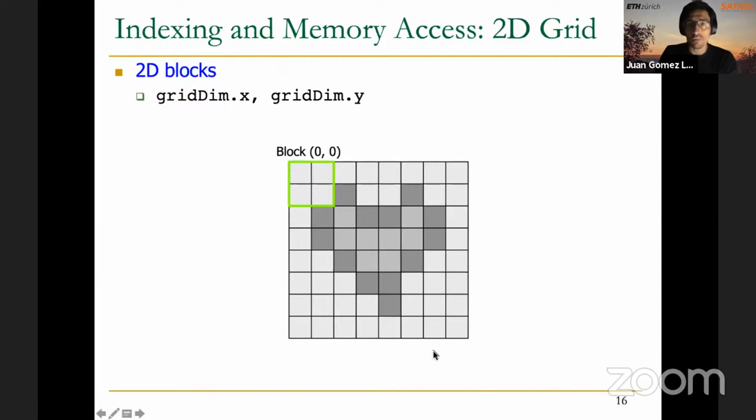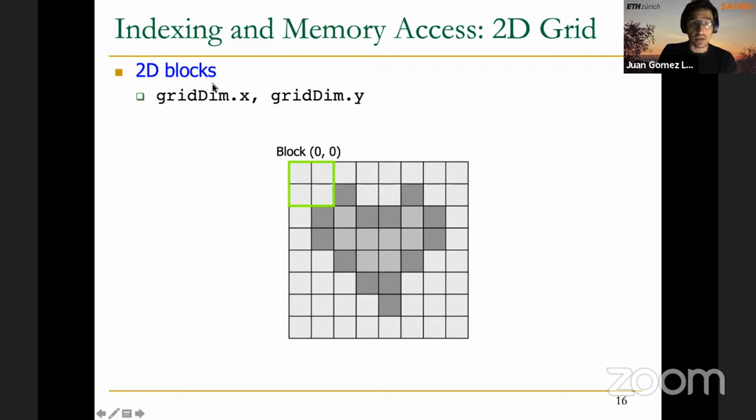And then we also talk about how to index and access memory when we use two-dimensional grids and two-dimensional blocks. Remember that we can also have 3D grids and blocks. It's essentially the same way of accessing. If you understand how to do it for 1D and 2D blocks, you will know how to do it for 3D as well.